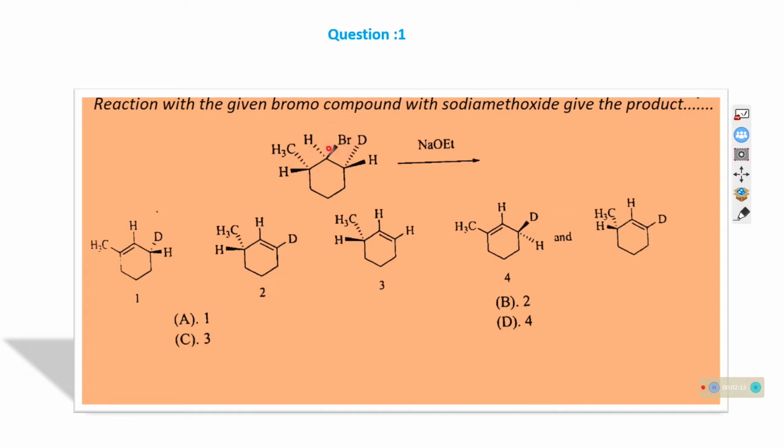If this leaving group is poor in nature, like fluoride or even OH, hydroxyl, and if this beta hydrogen containing carbon also contains some electron withdrawing group, so that after abstraction of this beta hydrogen, this negative charge can be stabilized by that electron withdrawing group, then we can think about E1cB mechanism.